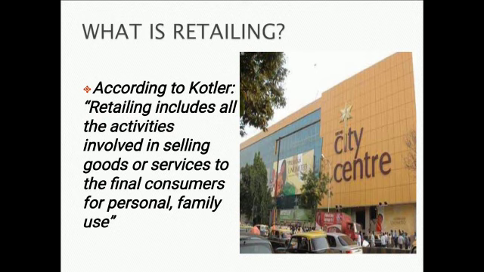Clear? In other words, the distribution of finished products begins with the producer and ends at the ultimate consumer. Between the two of them, there is a middleman, that is nothing but a retailer.